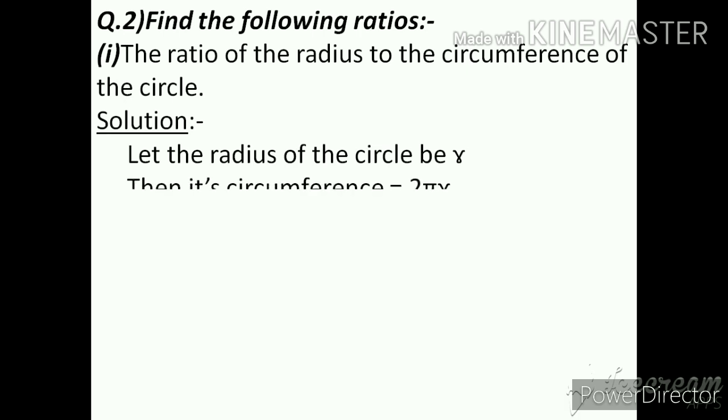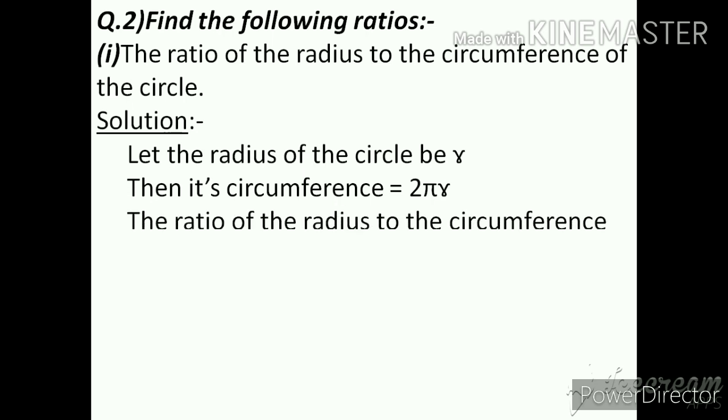Then its circumference equals 2 pi r. This is the formula of the circumference, children. Now we have to find the ratio of the radius to the circumference of a circle.